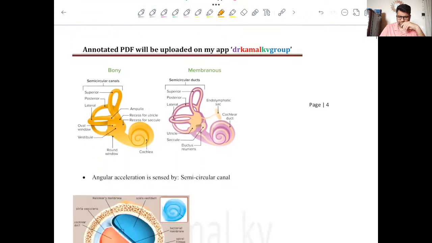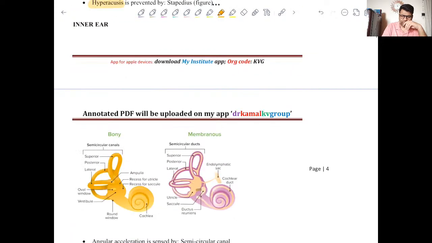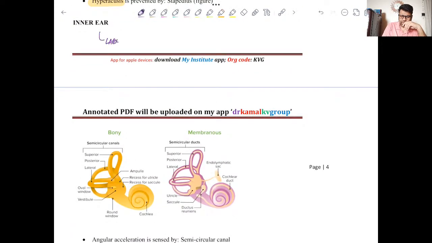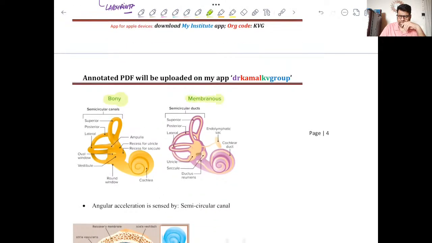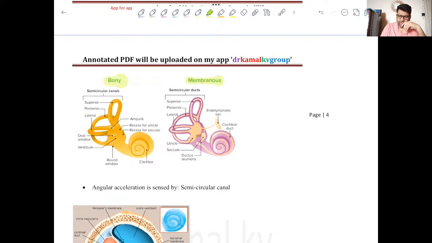Moving forward to the inner ear, it is actually the labyrinth, and there are two components, the outer bony labyrinth and the inner membranous labyrinth. Now in the outer bony labyrinth you can see three semicircular canals, then the vestibule and the cochlea, and the membranous part is actually all duct system, like semicircular ducts, utricle, saccule, then cochlear duct, and then ductus reuniens, endolymphatic duct and endolymphatic sac.